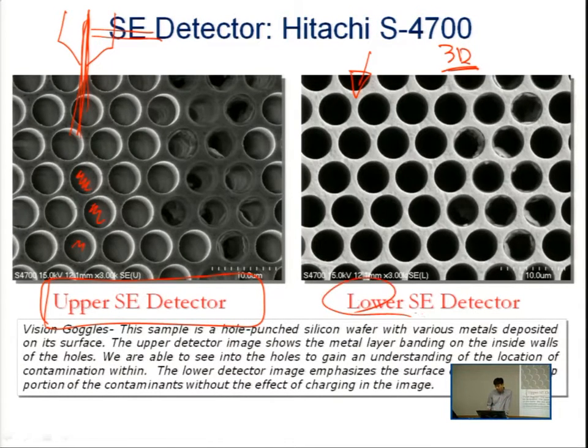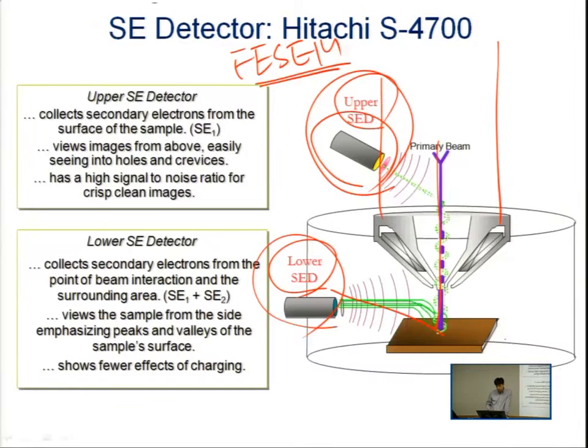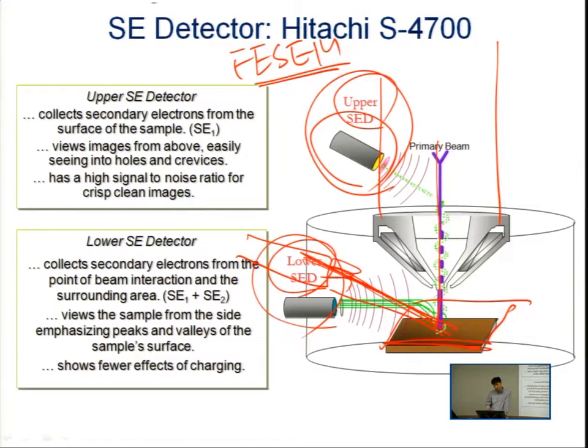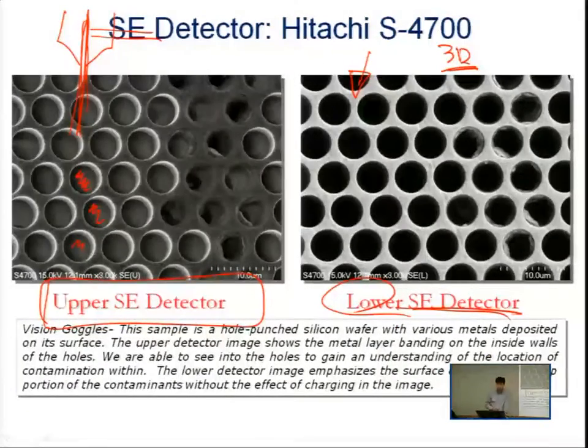The lower secondary electron detector, which is located outside, is a little bit angled from the substrate, so it collects secondary electrons at an angle. That's why when we observe the same sample with the cavity, we cannot see the bottom of the cavities using this outside secondary electron detector.